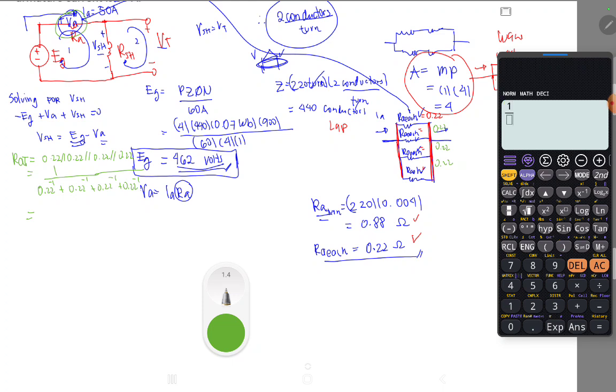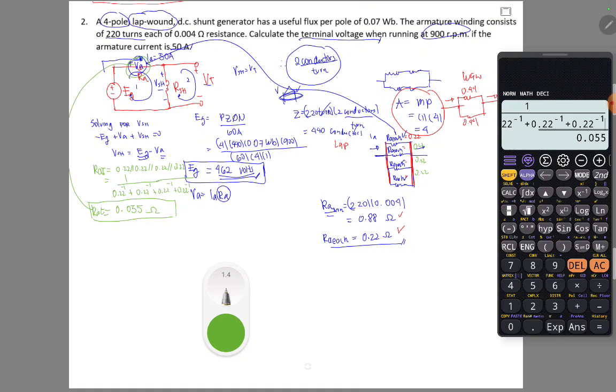So from here, you would have a value of the resistance RA equal to 0.055 ohm.